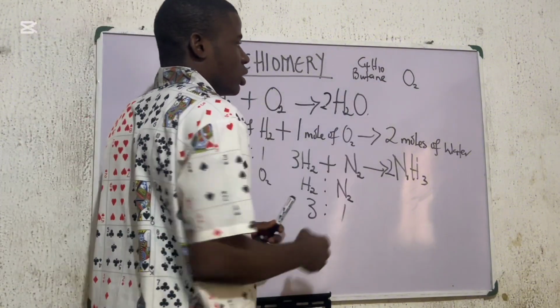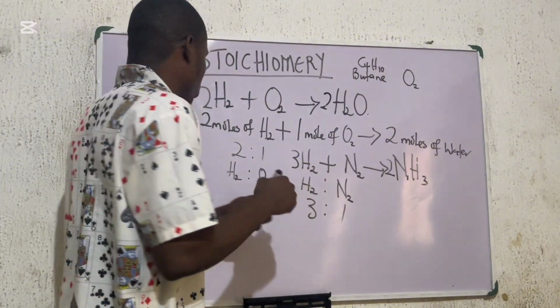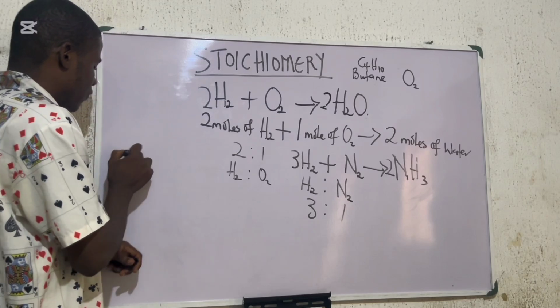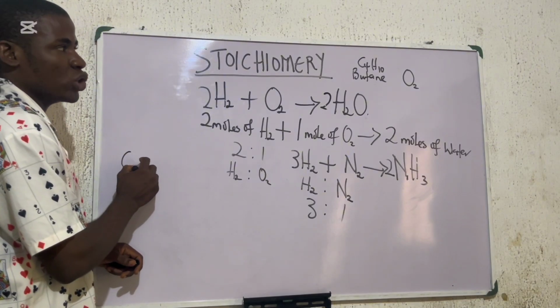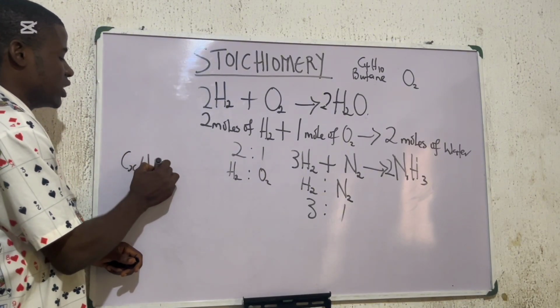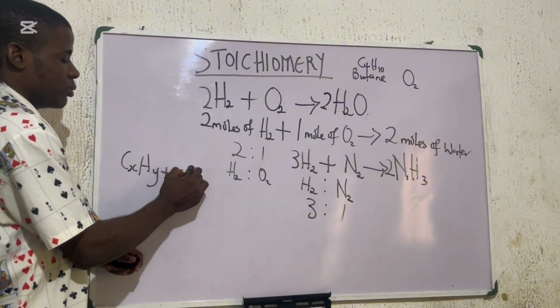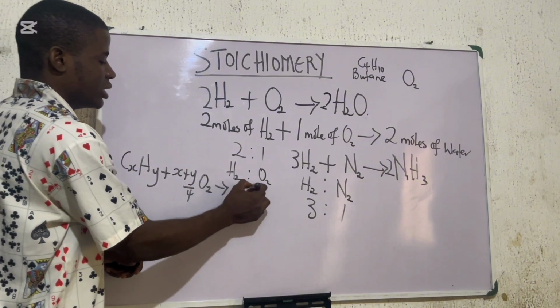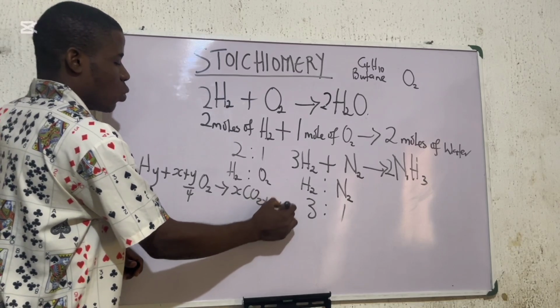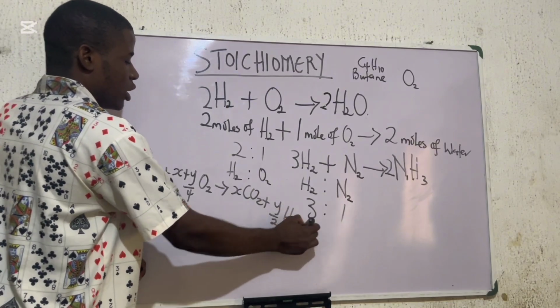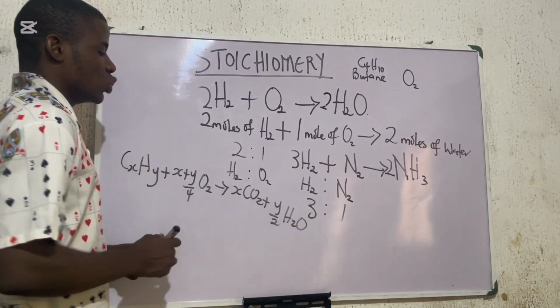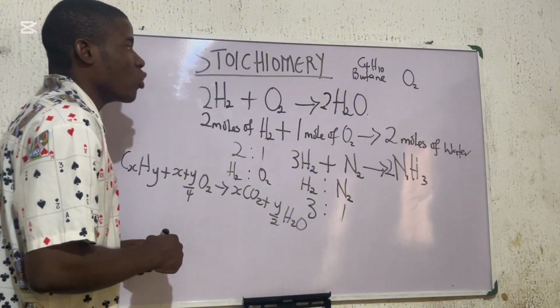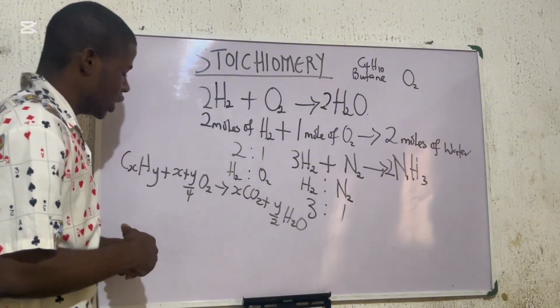Recall that in combustion, the faster way to write a balanced equation for combustion is given by CxHy plus (x plus y over 4) O2 to give you x CO2 plus y over 2 H2O. This is the chemical formula to write a balanced equation of combustion of hydrocarbons. Is it clear?